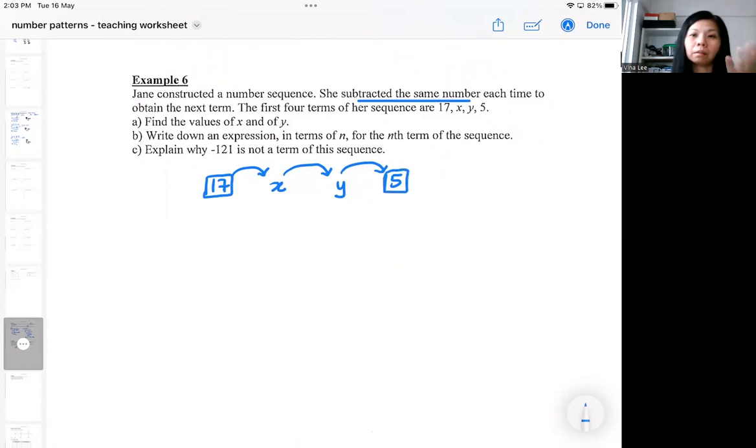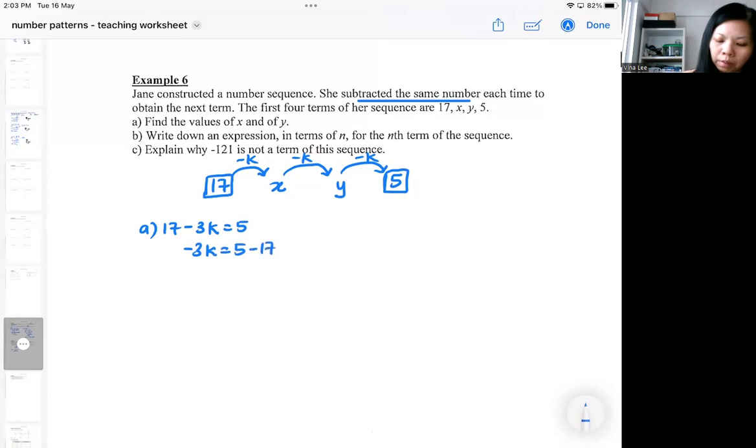So you can think of it in an algebra way, or you can think of it in a very common sense way. What is the number that she keeps subtracting? If you want to, we can do algebra. So I can do it in an algebra format. 17 minus 3k is equal to 5. So I do my normal algebra, subtract 17 on both sides.